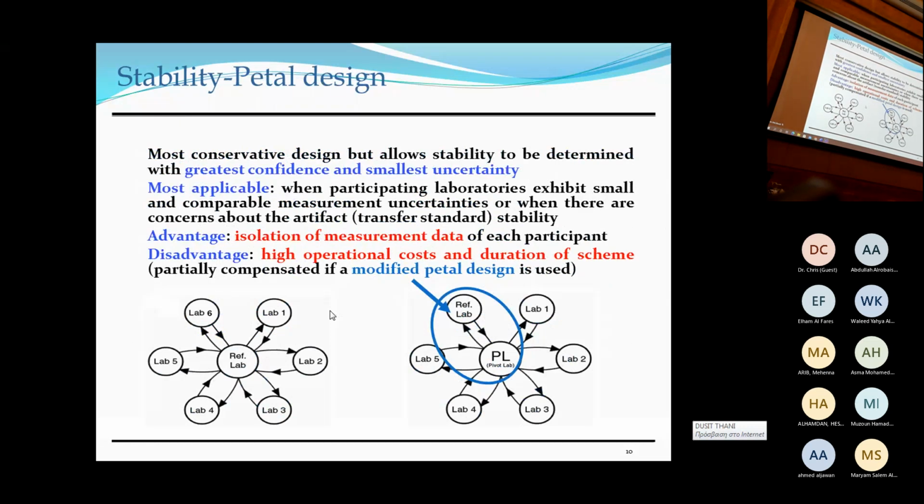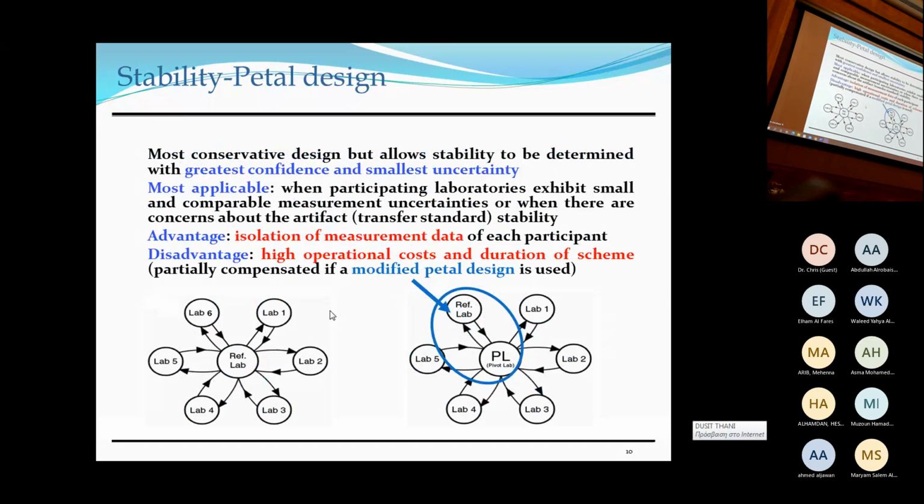What type of circulation schemes are used in order to maybe increase the instability information that someone might get from the circulation of the transfer standard? So the most conservative design, which allows stability to be determined with the greatest confidence and smallest uncertainty, is the petal design.